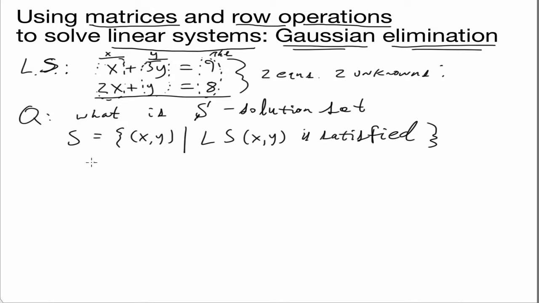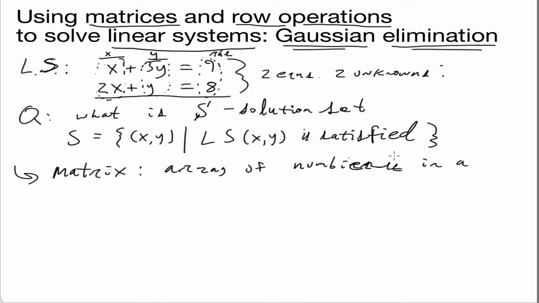All right, and because we have everything in a nice organized position, we can actually use this idea of what's called a matrix. And that's just an array of numbers in a grid.